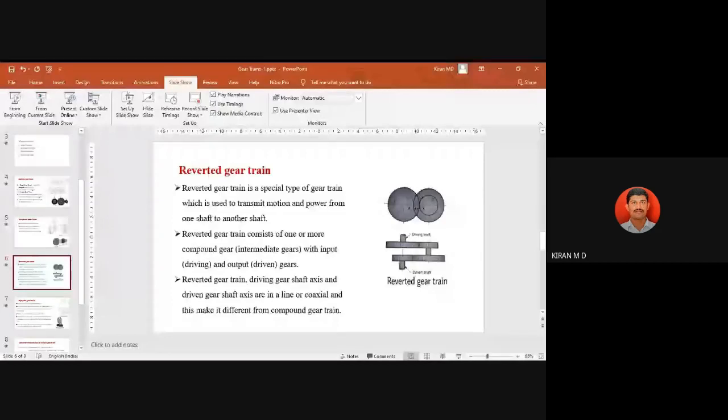So next we'll move to the reverted gear drive.